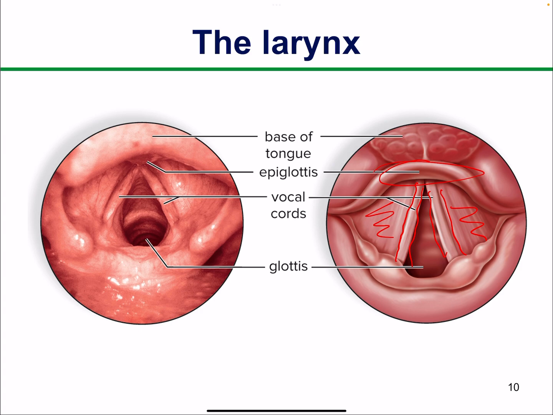It goes down to close the windpipe so that food doesn't accidentally go into it. And the glottis is basically the opening that you can see here. To make a sound, the vocal cords contract and relax, and by contracting and relaxing, you can make sounds.